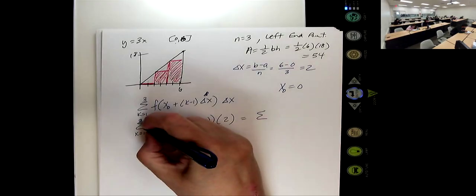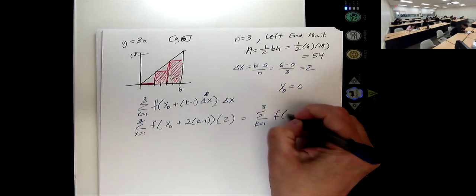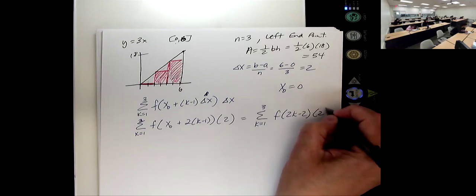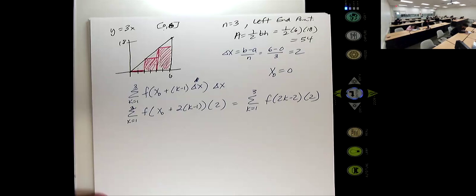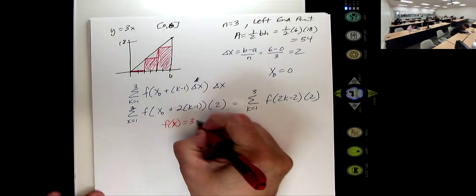So this cleans up even more. I'll say 2k minus 2 distributing, and then I got a 2. What was f of x though? F of x was 3x.